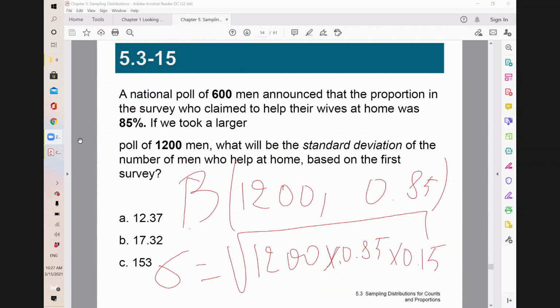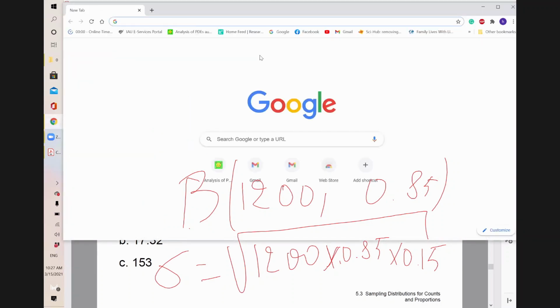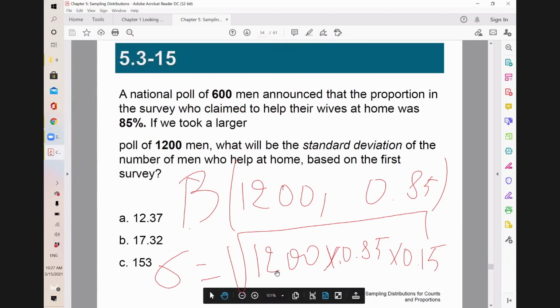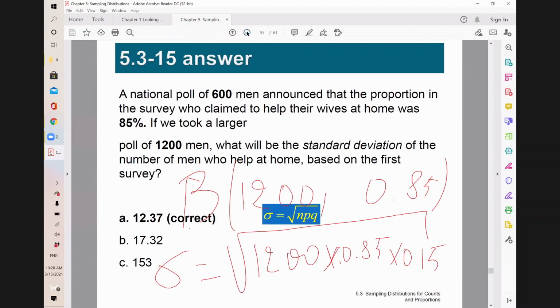That means the square root of 1,200 times 0.85 times 0.15. Any question? This is the correct answer.